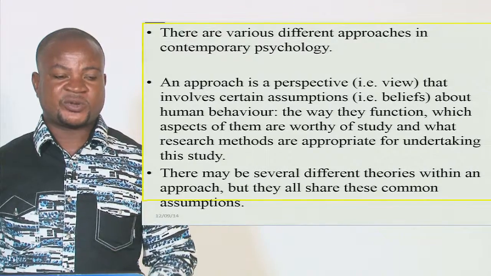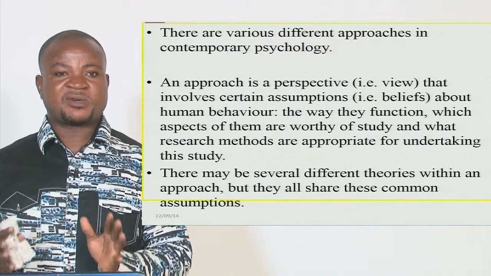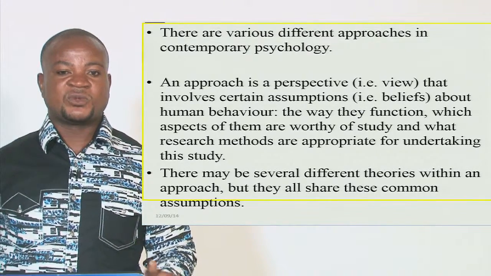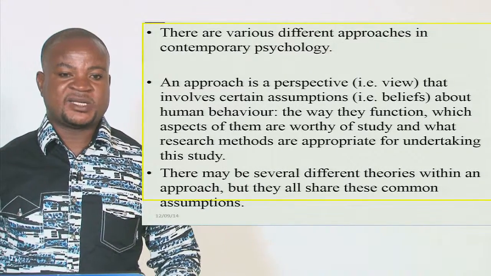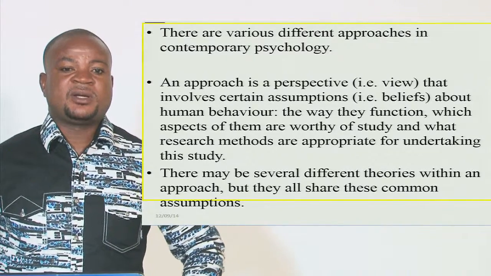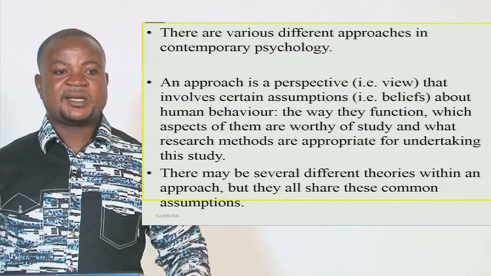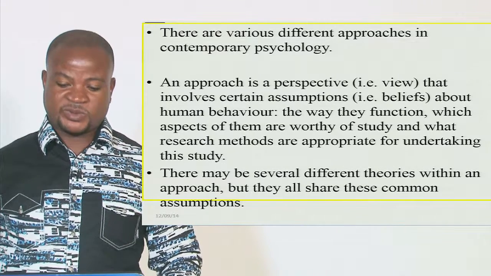You can't use certain tools anymore. You just have to stay with that. And then your focus as to the kind of explanations you'll be given for behavior will also be determined by the type of approach that you select. So there are several different theoretical approaches. Some have subdivisions within them. So this section is just to give you a broad idea about the key ones that we have in psychology.